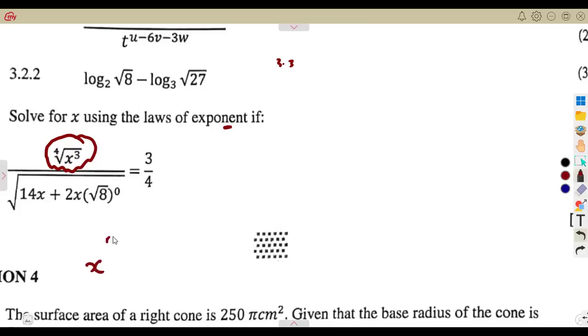X raised to the exponent of m over n is given as the nth root of x to the exponent of m. So we're just going to have a reverse in this case.